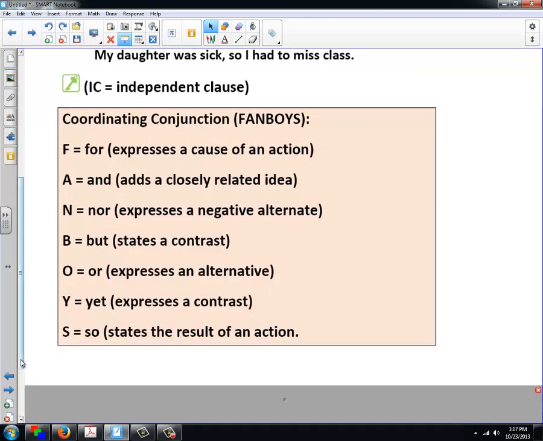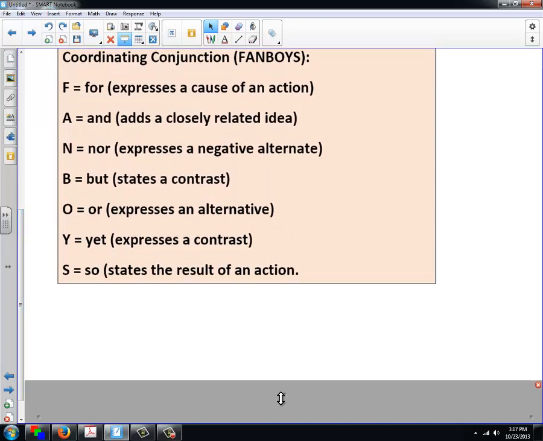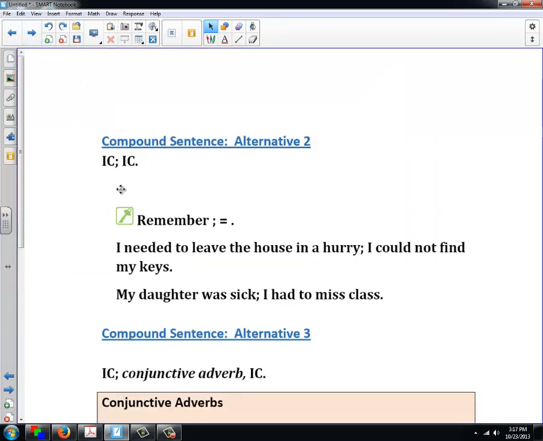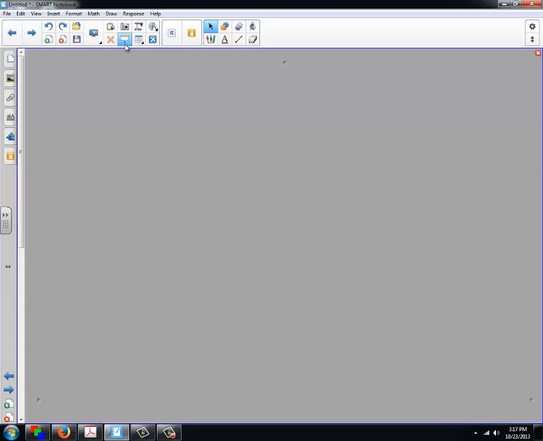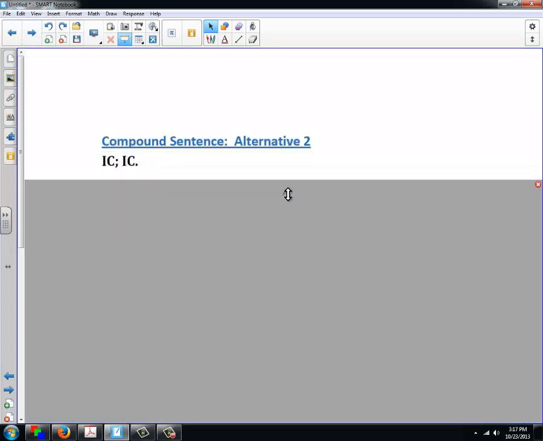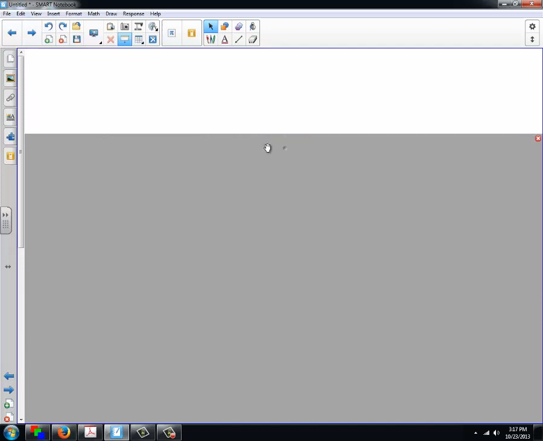Let's look at some examples and think about how we're going to punctuate these compound sentences. First, remember that a compound sentence is going to join those clauses together with a FANBOYS.